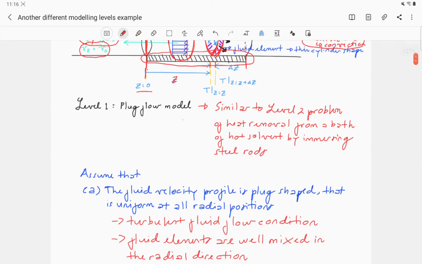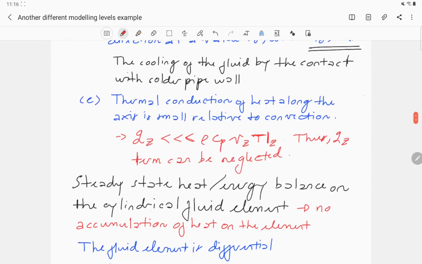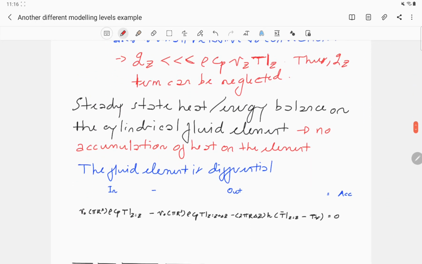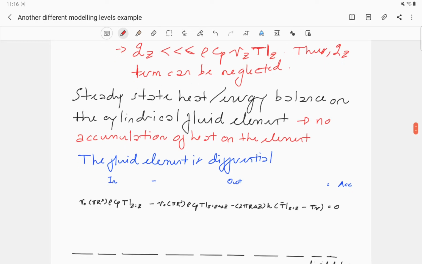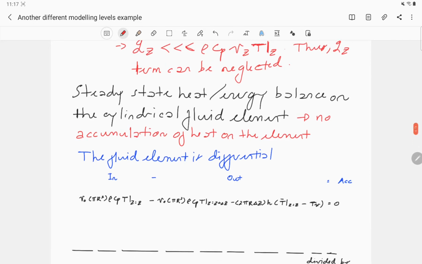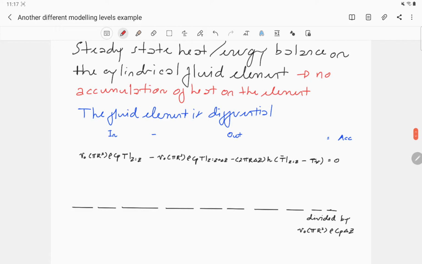Okay, so by applying all of those assumptions, we can start going into the steady state heat energy balance on the cylindrical fluid element. So in here we are dealing with a simplified case where there will be no accumulation of heat on the element. So whatever goes in will go out, or this is simply implied by this accumulation term, which is 0 in here.